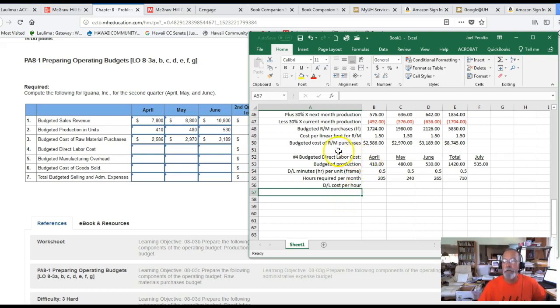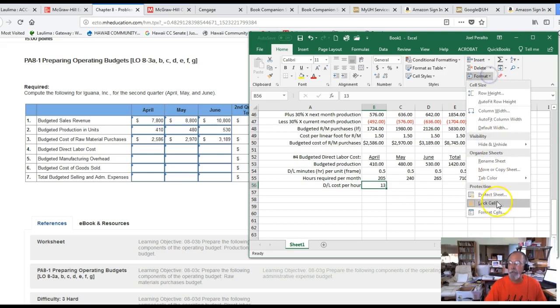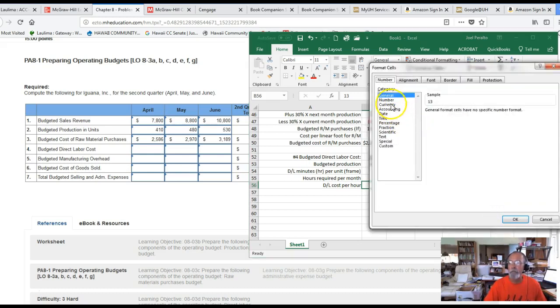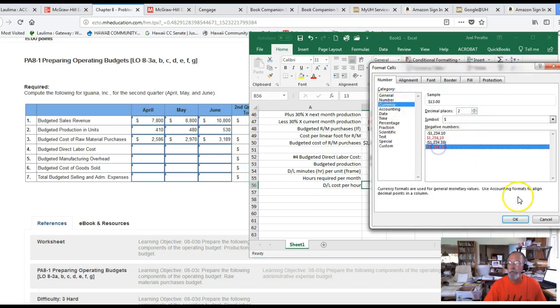Just as we did here, cost per linear foot for raw materials, cost per hour, direct labor cost per hour, and that's 13. Why don't we format that as currency?